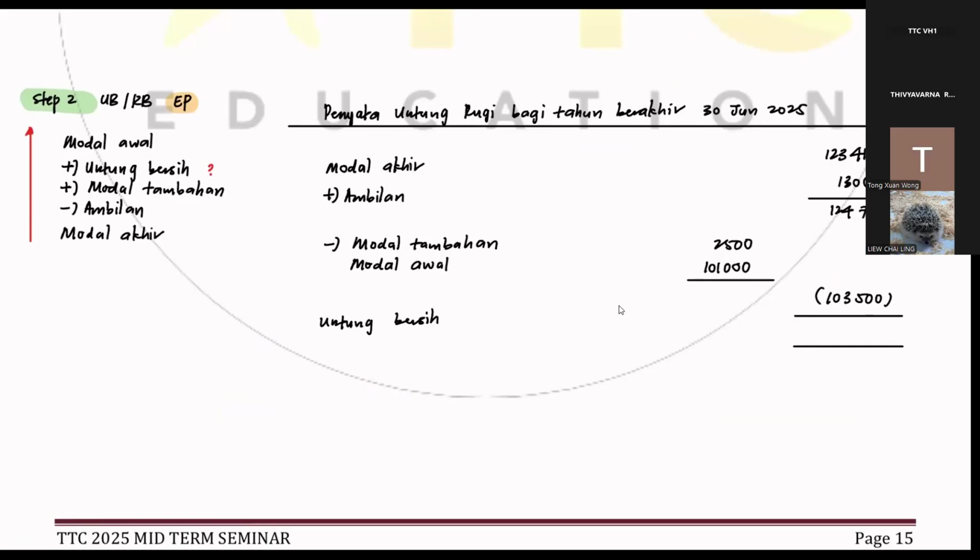But you need to minus this value in order for you to get your untung bersih. After minus, you should get untung bersih because it's positive, 21,214. Okay. Any question?